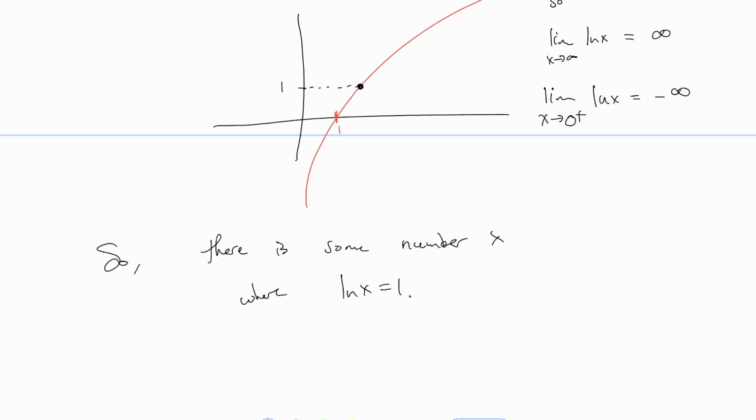That's what I'm saying here. At some point, this curve actually does go through y equals 1. There's some number right there. Right there is the number that I'm talking about.